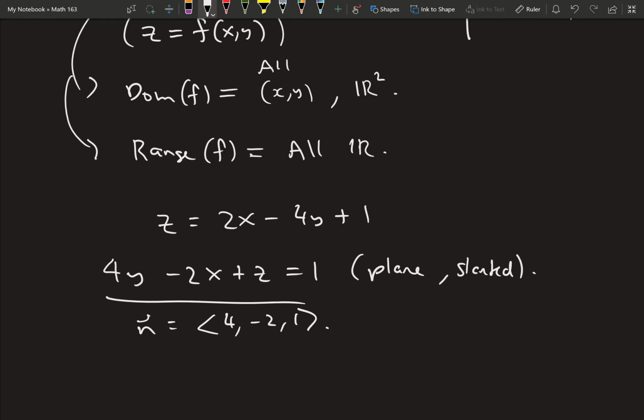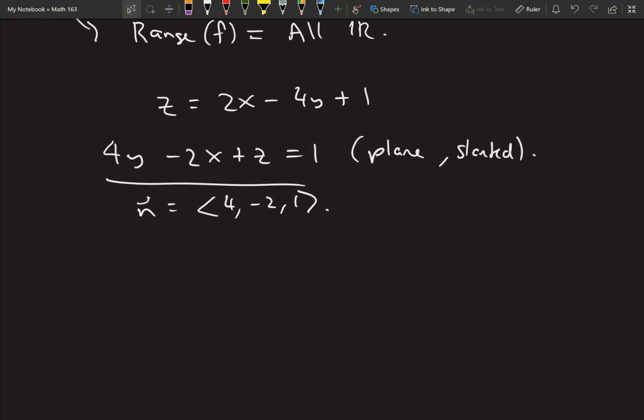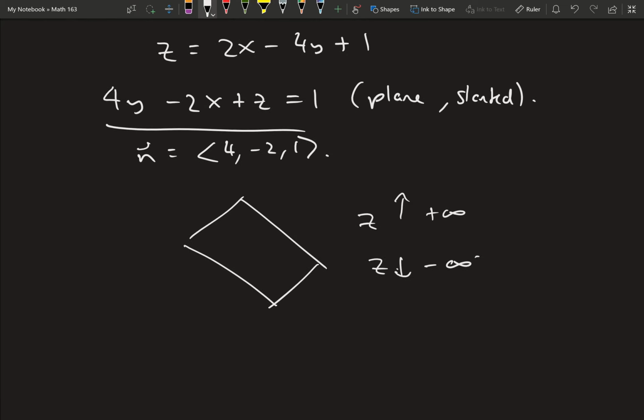I'm not going to draw it, but if you want to graph it in GeoGebra, you can. If you have a slanted plane, then the z values will go up to positive infinity at some location, and z will also go down to negative infinity as the plane expands out further and further. So it turns out the domain and the range are straightforward.